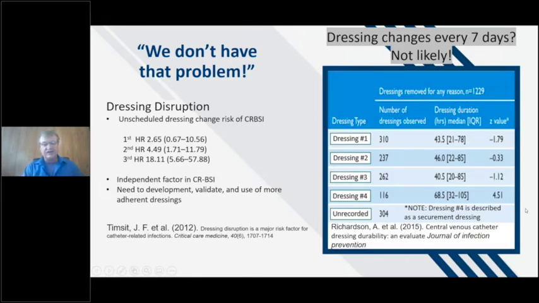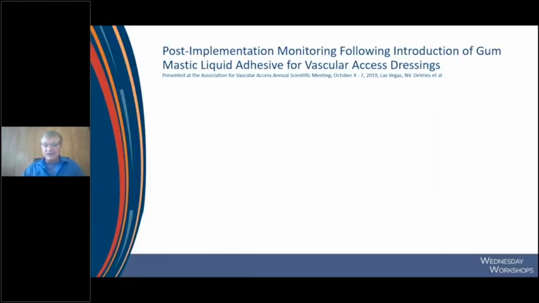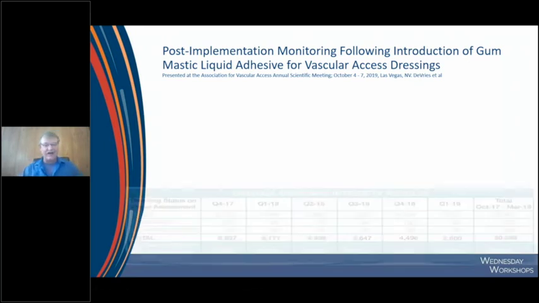It is a significant issue, and something we need to be very, very conscious of. If you're not measuring it, you really can't say how often you're changing your dressings. Tensit's conclusion was that we need to develop, validate, and use more adherent dressings. So go look at your dressings. Hopefully the 84% is right and it is 7 days. I seriously doubt you're going to find that.